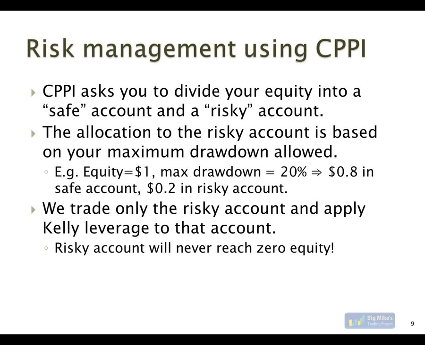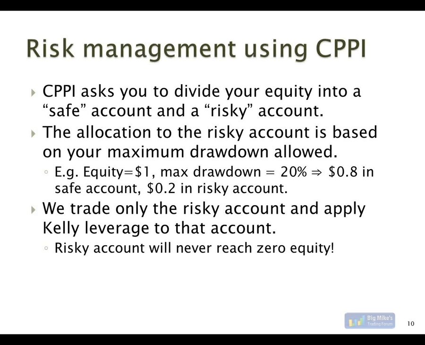So CPPI asks you to divide your equity into a safe account and a risky account. The allocation to the risky account is based on your maximum drawdown allowed. So, for example, if you have $1 equity and the maximum drawdown is 20%, where does this 20% come from? Maybe you impose it yourself, maybe your spouse imposes it for you, maybe your boss imposes it on you. Anyway, you decided that 20% is the maximum you can lose.